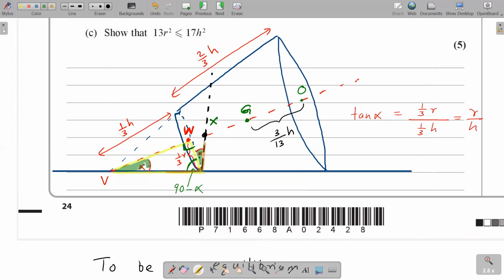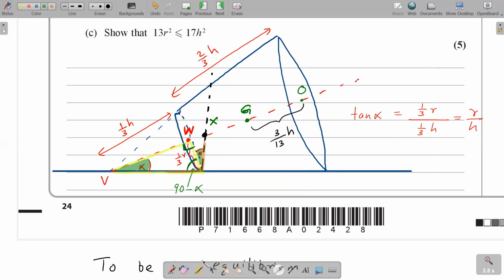Are you with me? Can you understand how I mark the alpha in this small angle here? Because this is 90 minus alpha, and this is the horizontal, and I told you this is the vertical, the last place where the normal reaction acts. So these two are making a 90 here, which means if this small angle is 90 minus alpha, the other one has to be alpha.